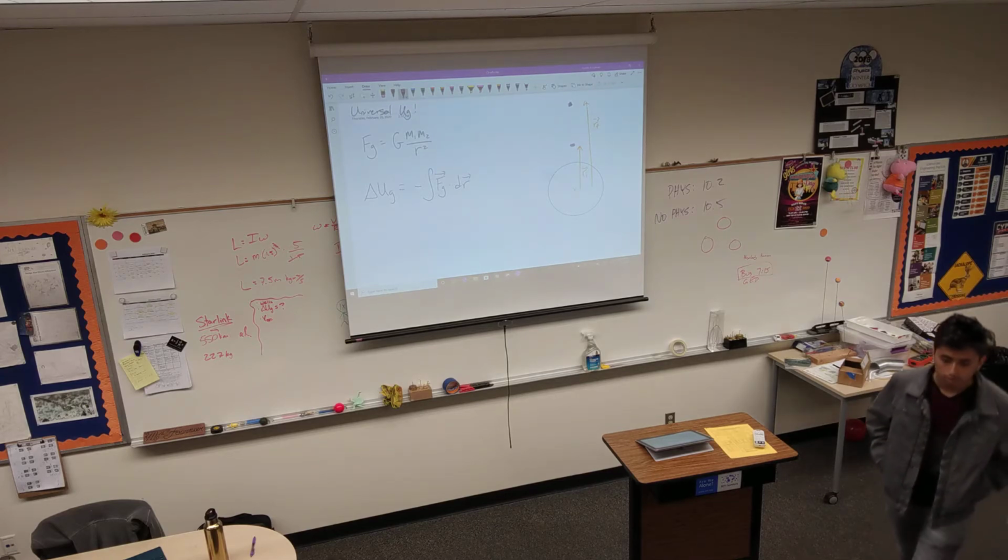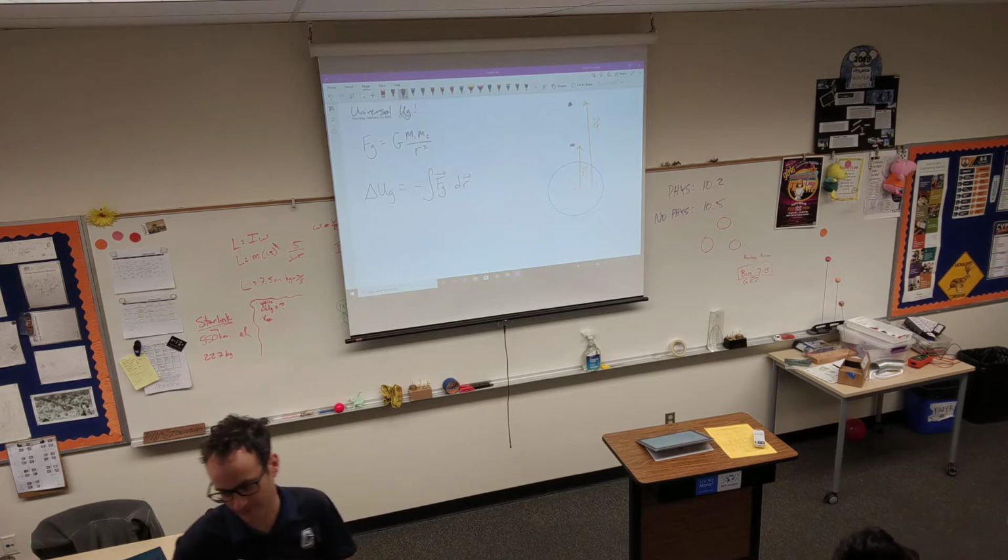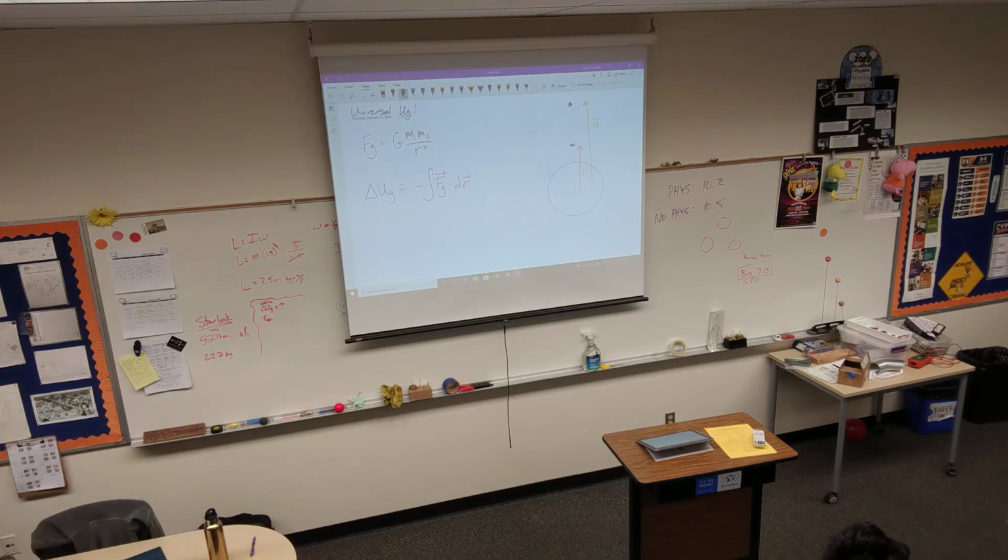Are we integrating from R1 to R2? Yes, it's the work done. Work done is the integral of the dot product of the force. I'm forgetting how to do dot product. You should have. It was part of your homework.